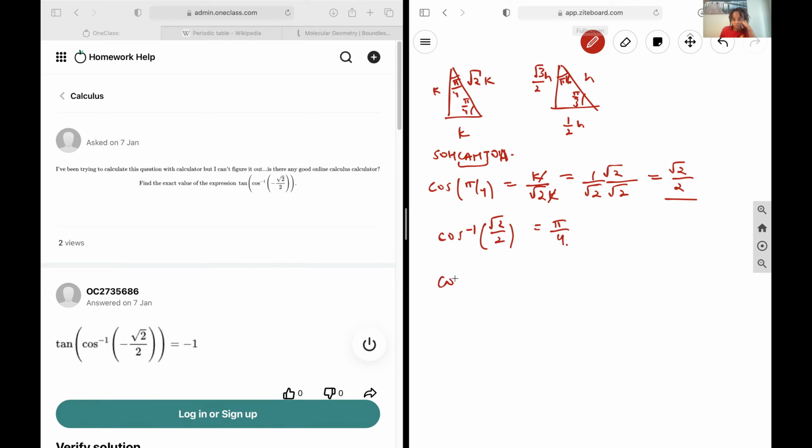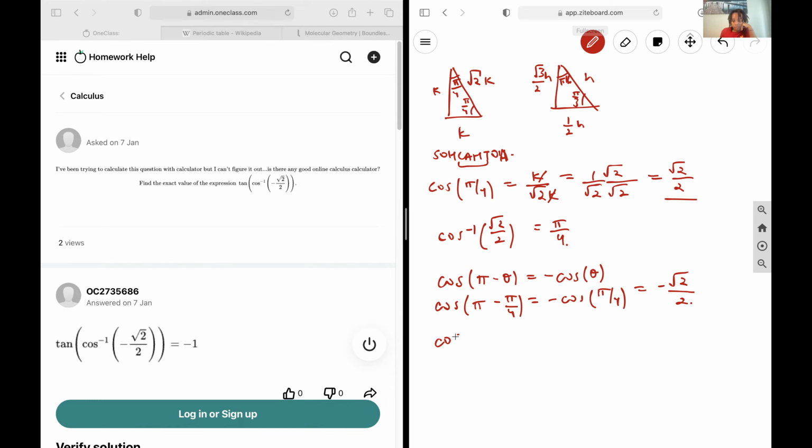But then again, let's remember the negative cos formula of cos of pi minus theta is equal to negative cos theta. And so cos of pi minus pi over 4 would give us negative cos of pi over 4, and that will give us our negative square root 2 over 2, because we're just going to multiply square root 2 over 2 by the negative.